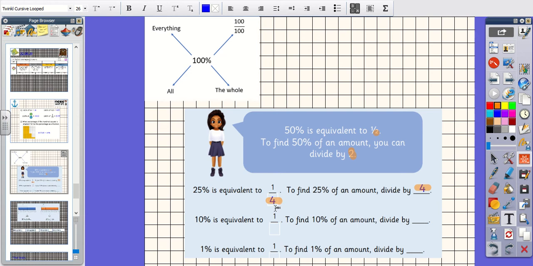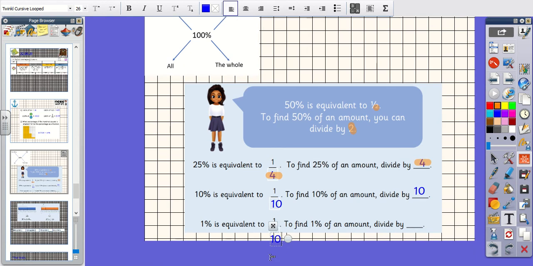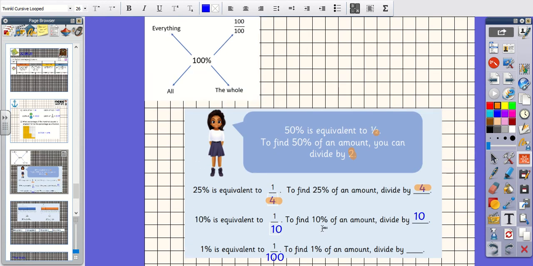Next one, we have got 10% is equivalent to 1/10. Okay. To find 10% of an amount, we must divide by 10. And then last one, 1% is equivalent to 1/100th. Remember, to find 1% of an amount, we must divide by 100.